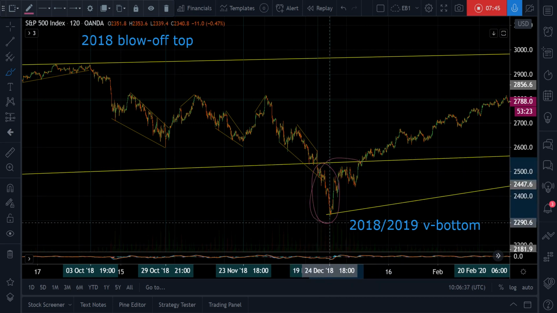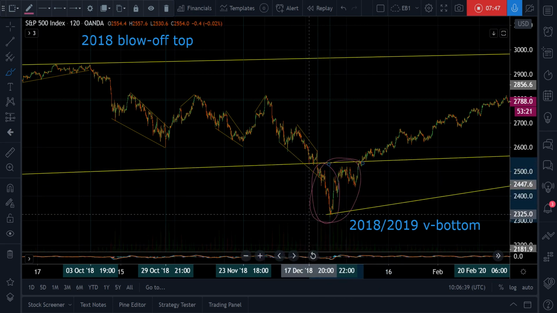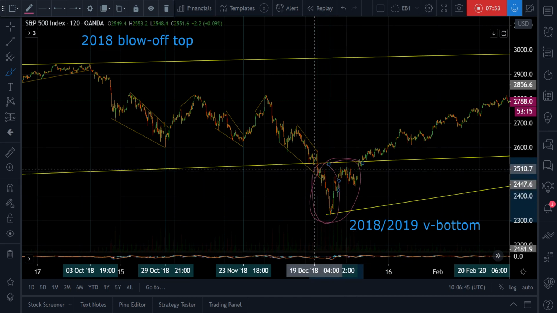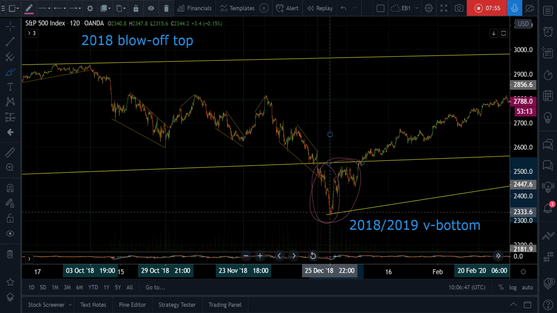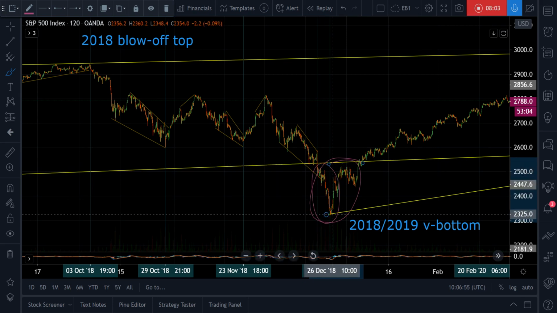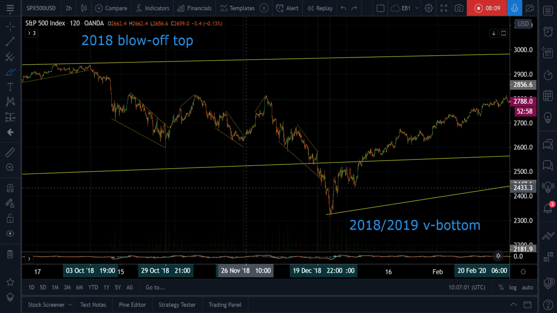All this stuff right here was a panic selling rebound that was already in good market conditions. So if you're looking for the super V bottom to go long at the end of this down cycle, it might not be at the target. It might be at the end of a panic sell-off after we go into good conditions. So that is a really cool thing to look out for.